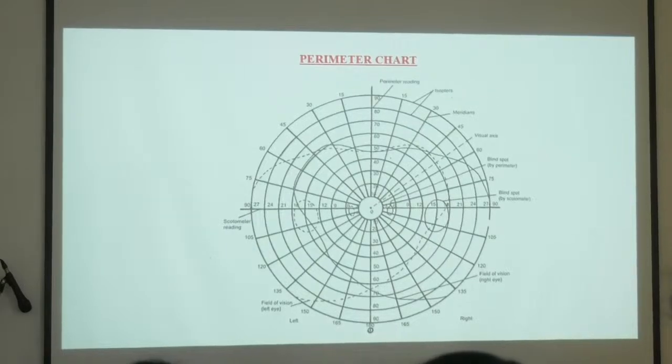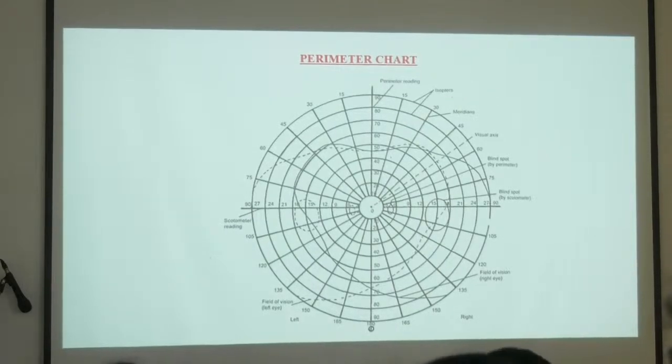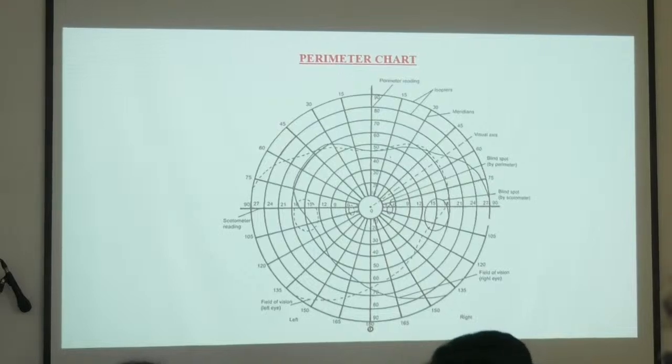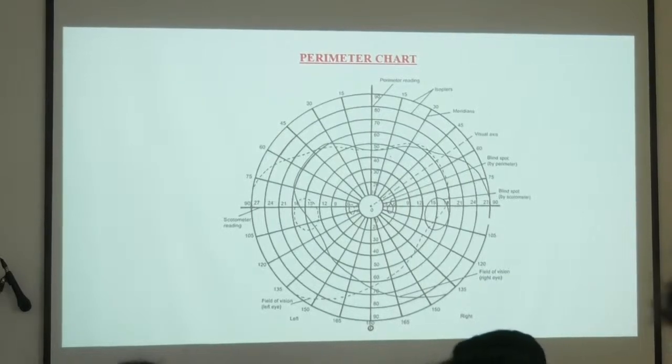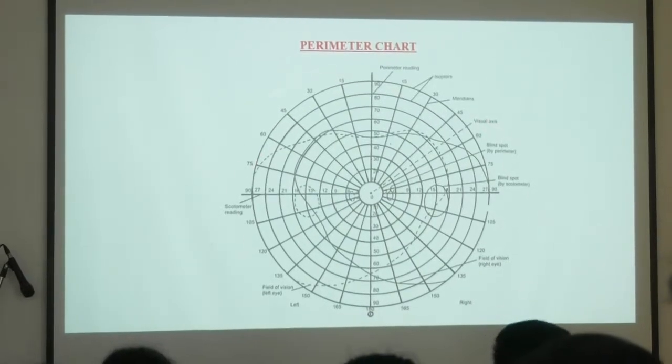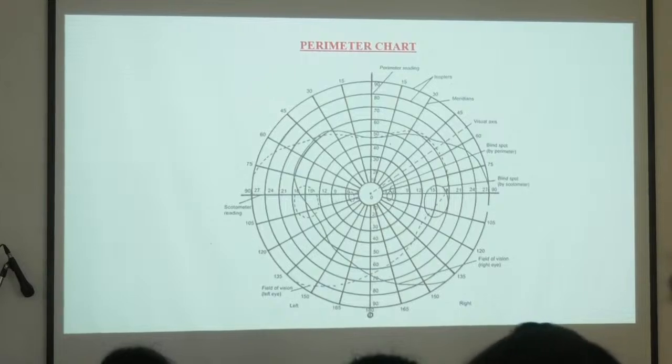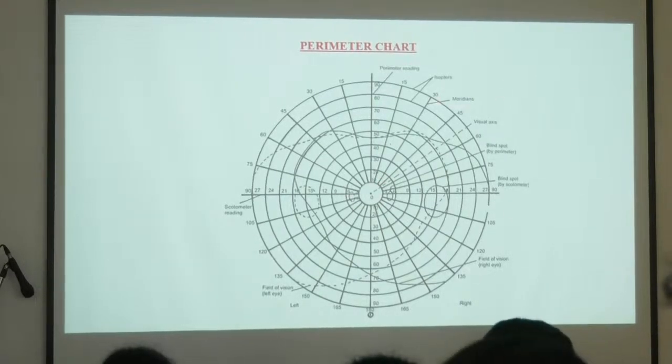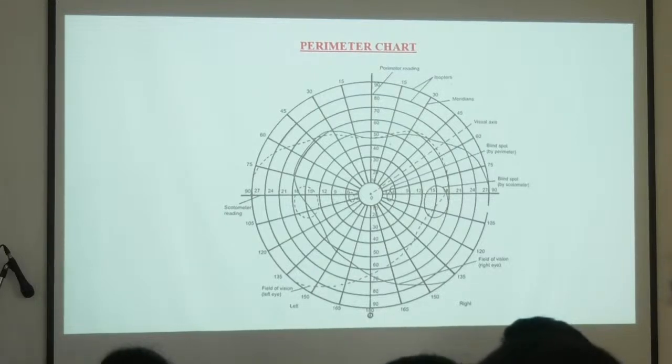We'll show you the perimetry chart and ask during the viva examination, what is this? So these circles are called isopters, and these radii are called meridians.